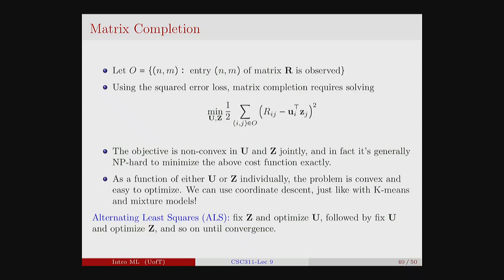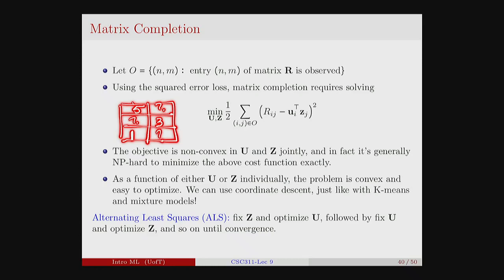So any questions up until here? Remember, whenever you see something like this, always just write it out in really simple terms. So let's say we have 3 users and 2 movies, and we observed a 5 here, we observed a 3 here, and we observed a 1 here, and we just don't know what these numbers are because those users never saw those movies.